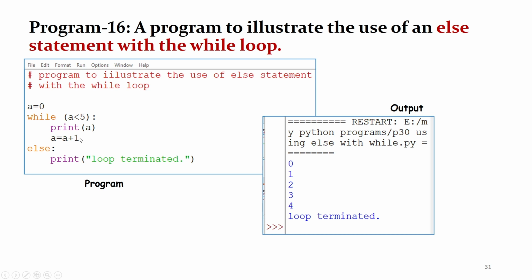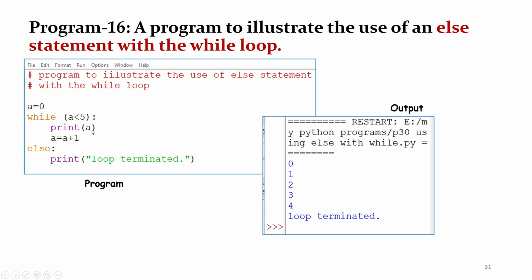That means a is equal to 0 and a is less than 5. This is true. Now it is printing a, so the first value printed will be 0. Now a is equal to a plus 1, so a became 0 plus 1, that is 1. Again it is checked, is 1 less than 5? Yes, it is true.